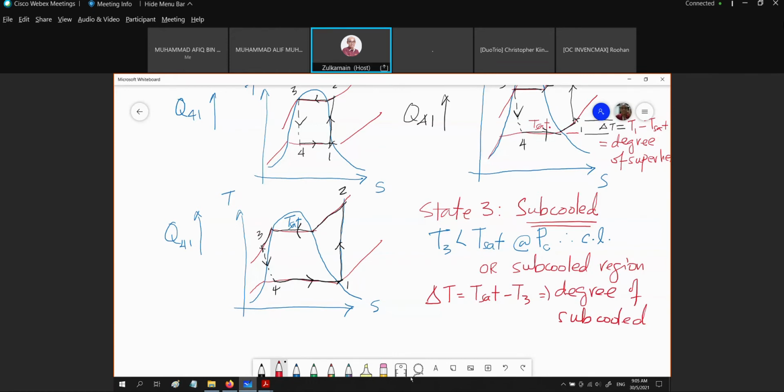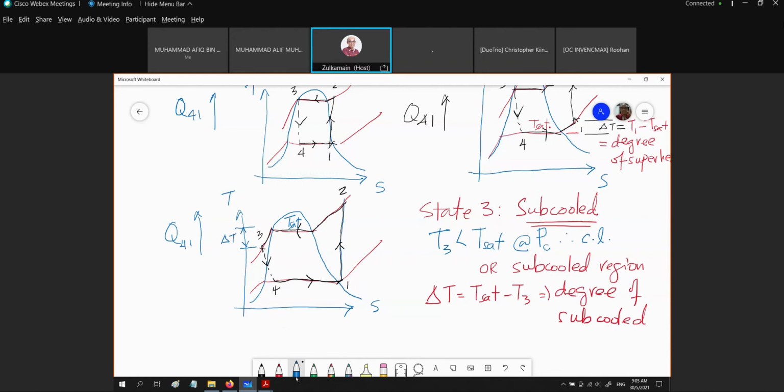And we can sketch this delta T in our TS diagram. So this is what is called the delta T, degree of subcool, and the delta T is defined as the T sat minus T3.